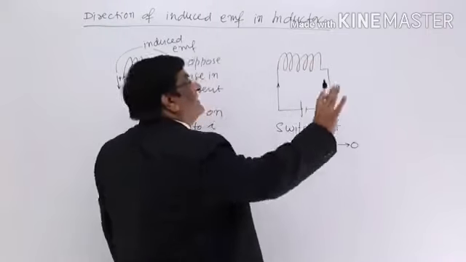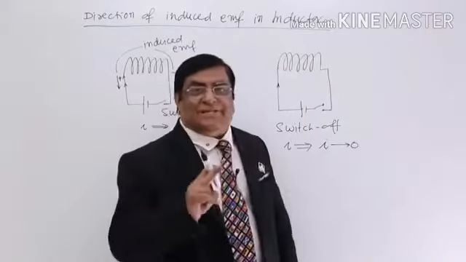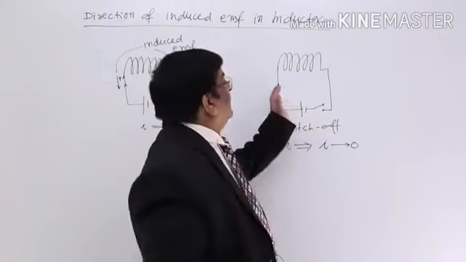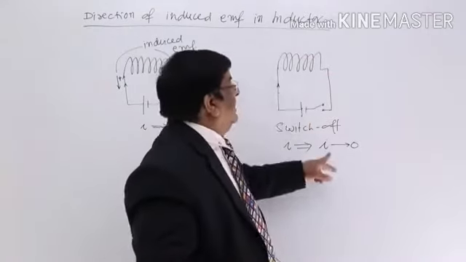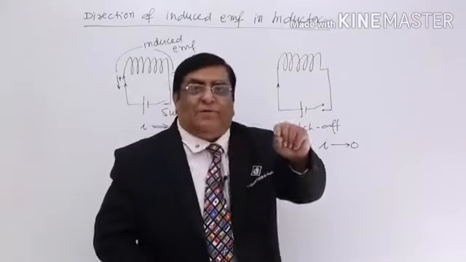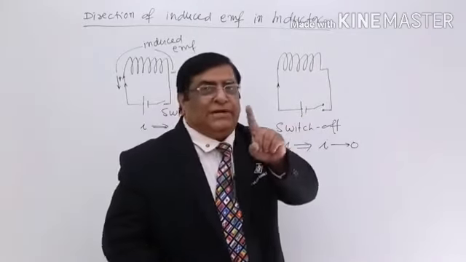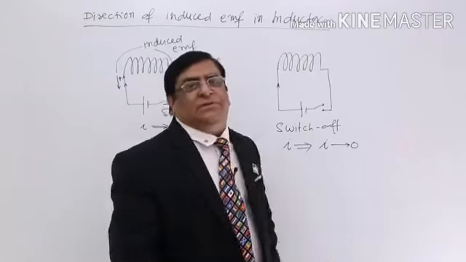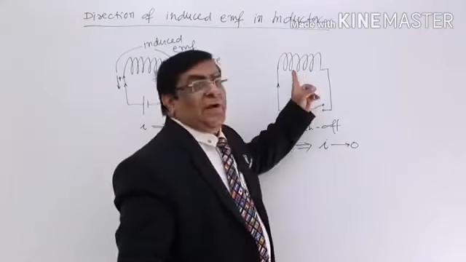This does not like the change. The nature of an inductor is that it does not like change. Suppose the current flowing was I, 10 ampere. We switch it off. That 10 ampere will fall to 0. So that 10 will become 9, 8, 7, 6, 3, 2, 1, 0. It does not like it.